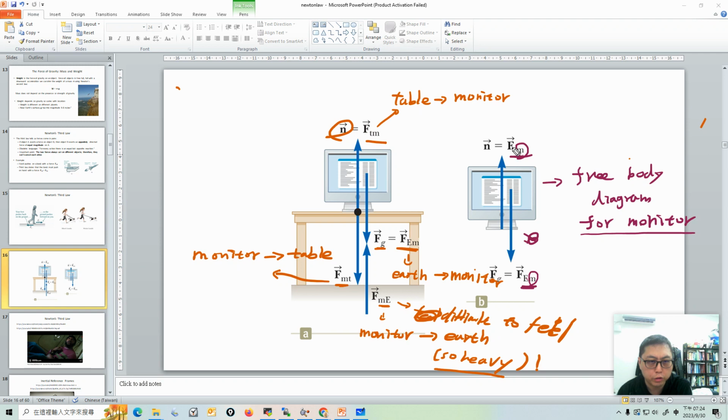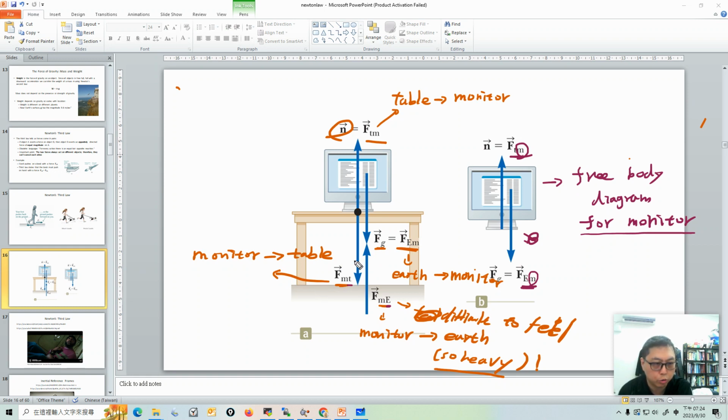The other two forces, yes, this system also has FME and FMT, but we want to analyze the monitor only. So we won't draw these two forces, because one acts on Earth and one acts on the table, nothing to do with the monitor.